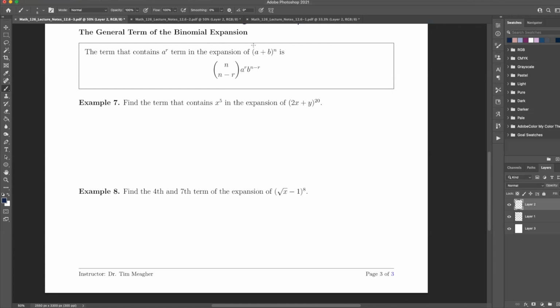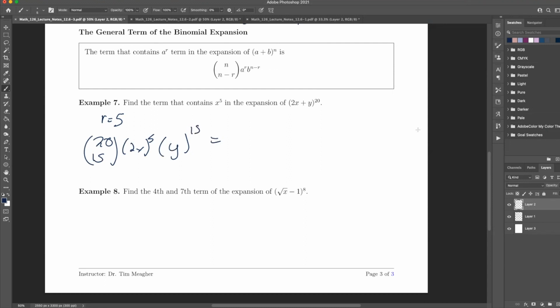All right, so here, if we want to find the rth term, we just do this. So here I want to find the term that contains this in this expansion. So here r is equal to 5 in this expansion. So I'll just do 20 choose 15, and then here it'd be times 2x to the 5th, and then this has to add up to be 20, so this would be y to the 15.